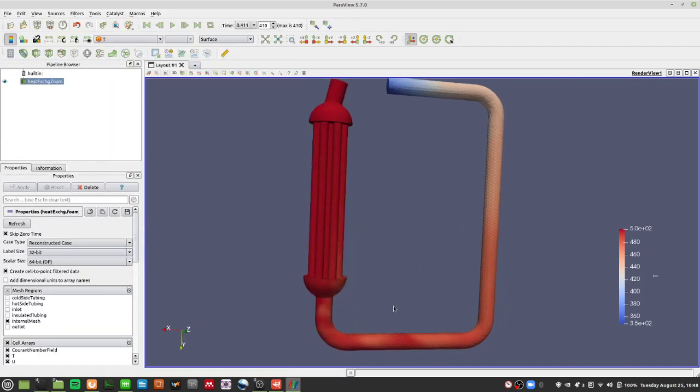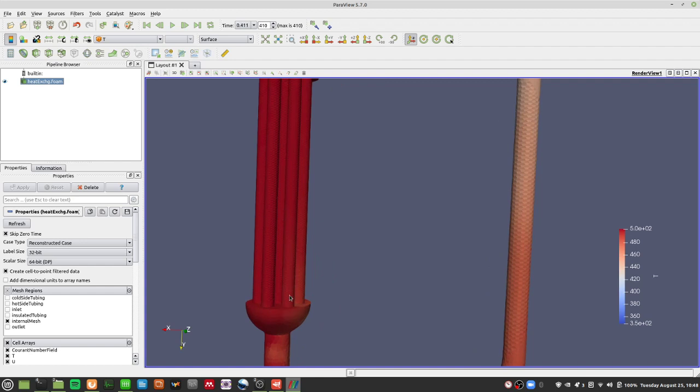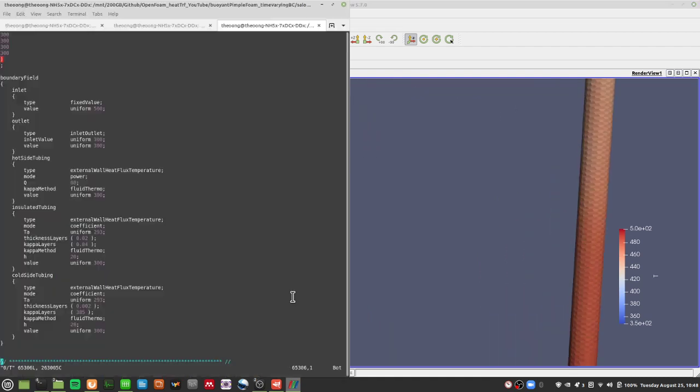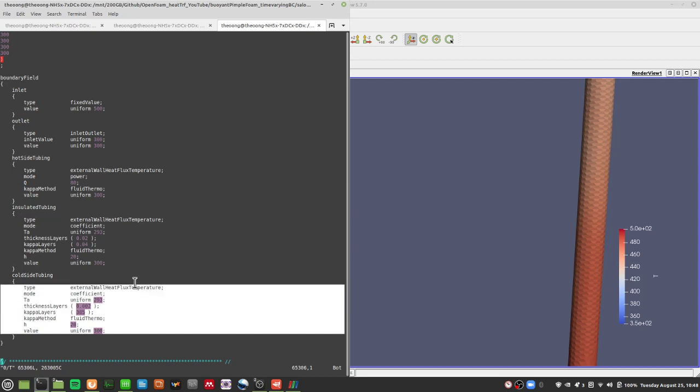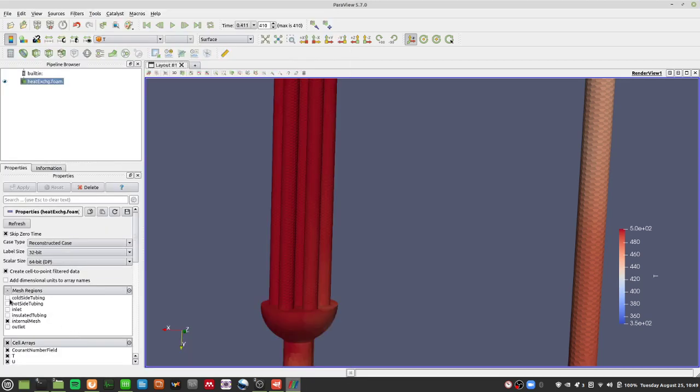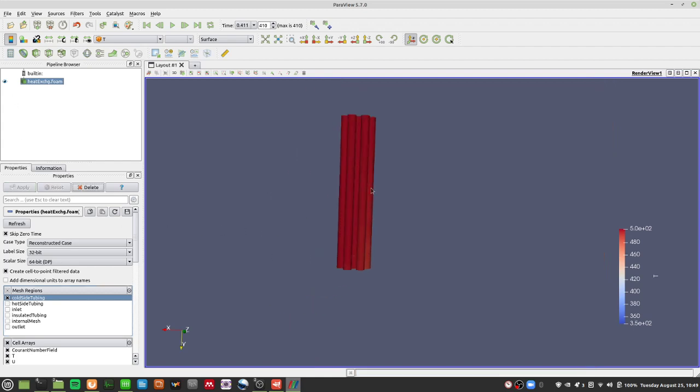And the other thing also is that as the fluid goes through this bundle of tubes, we see that there's not nearly enough cooling here. There's just not enough cooling on the cold side tubing. So this is the cold side tubing.